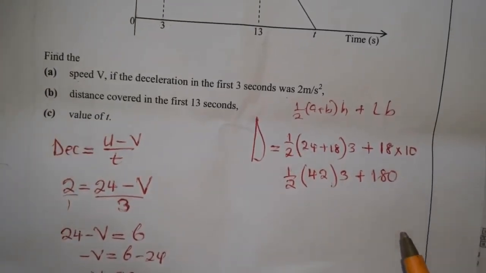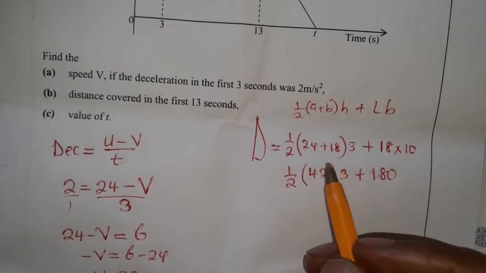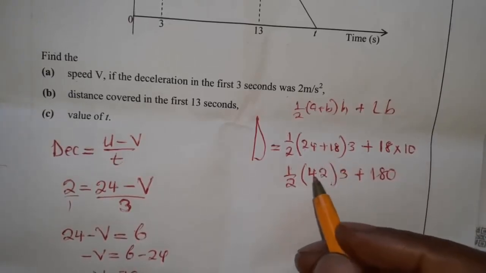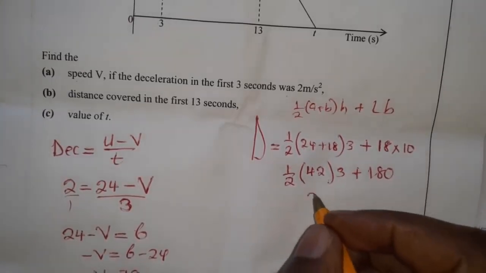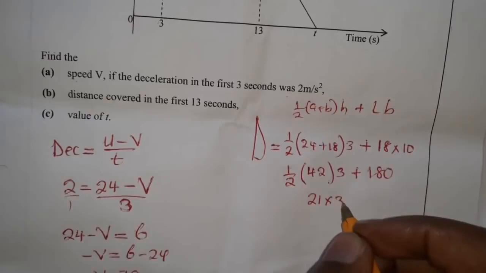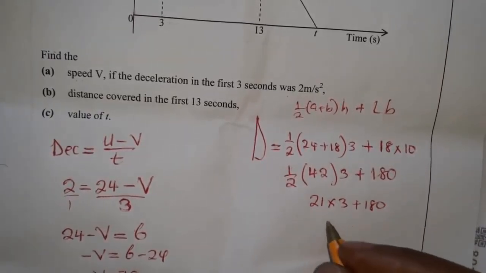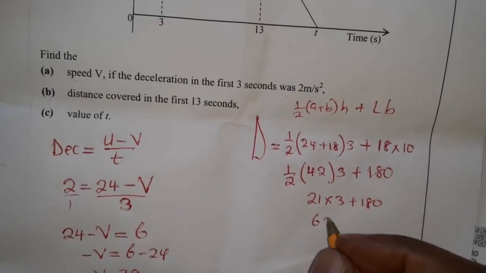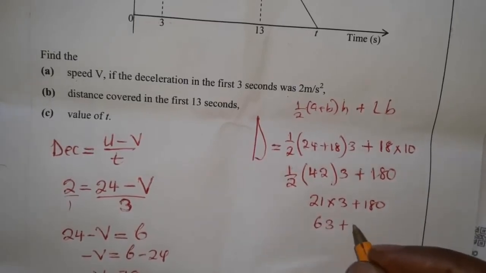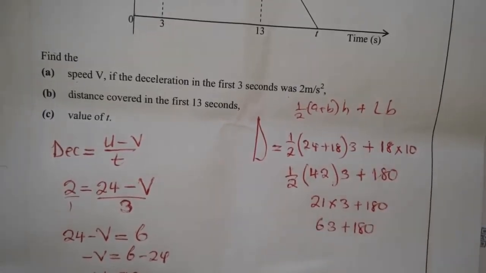Okay. So when we divide this one here, it is going to be 21 multiplied by 3 plus, what do we get? You're going to get 63 plus 180.